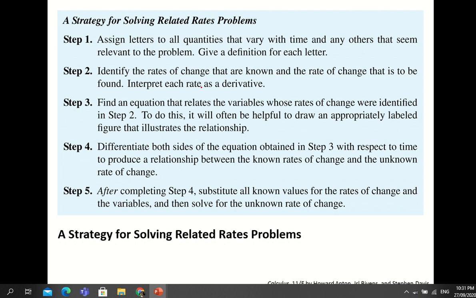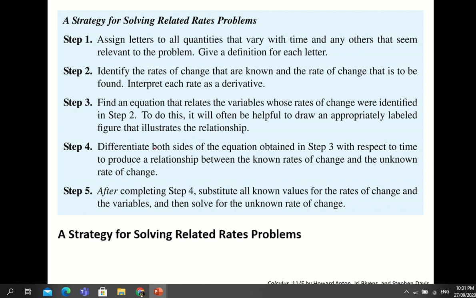Then interpret each rate as a derivative. The third step is to find an equation that relates the variables whose rates of change were identified in step two. To do this, it will often be helpful to draw an appropriately labeled figure that illustrates the relationship.